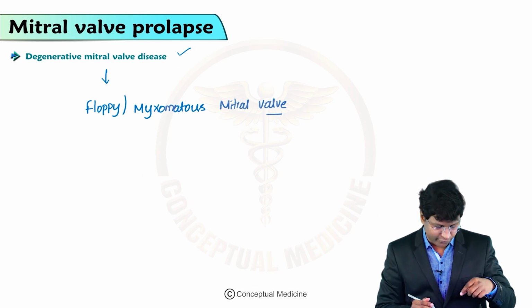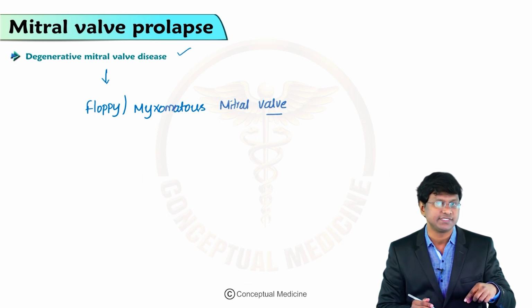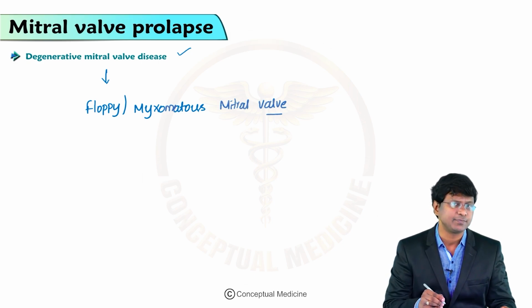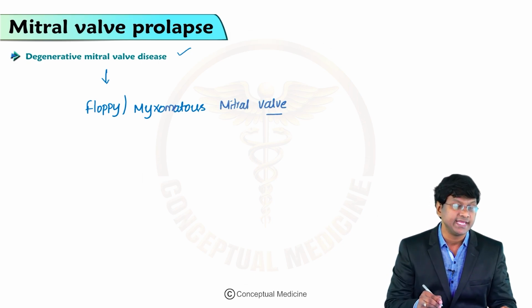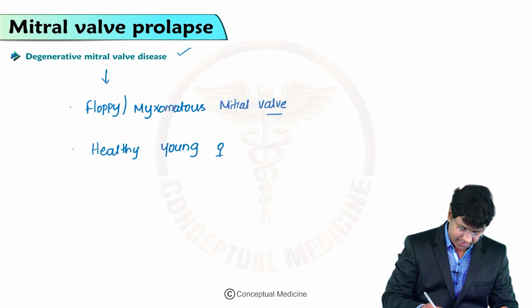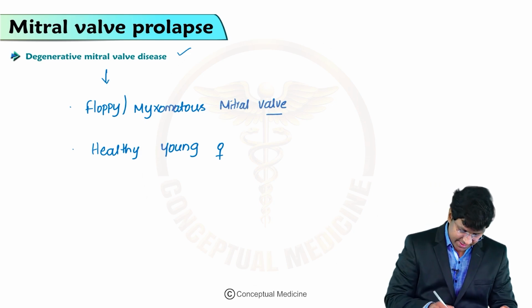So in individuals with floppy or myxomatous mitral valve, they progress to degenerative mitral valve disease and they develop this mitral valve prolapse. And this mitral valve prolapse is very common in healthy young women. It is seen in up to 10% of individuals.